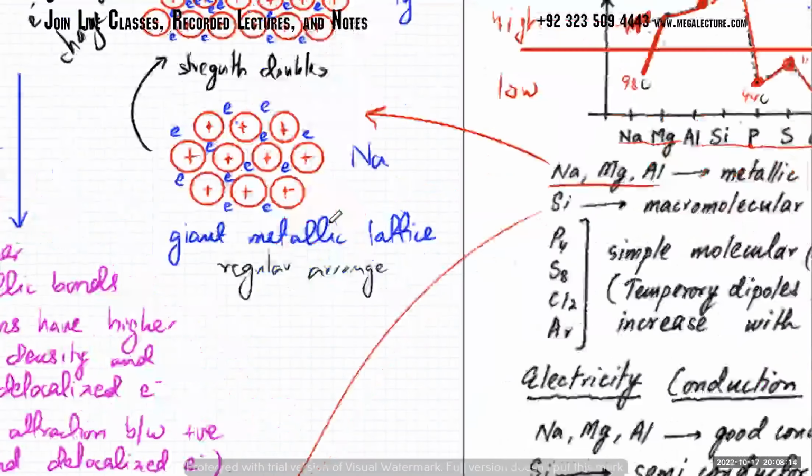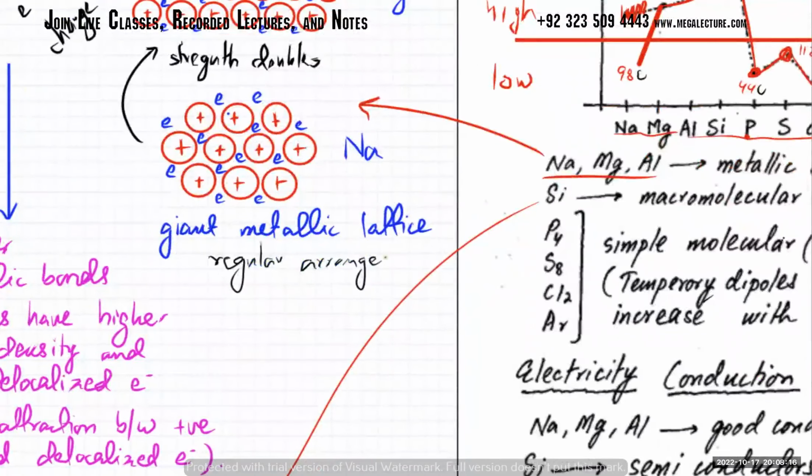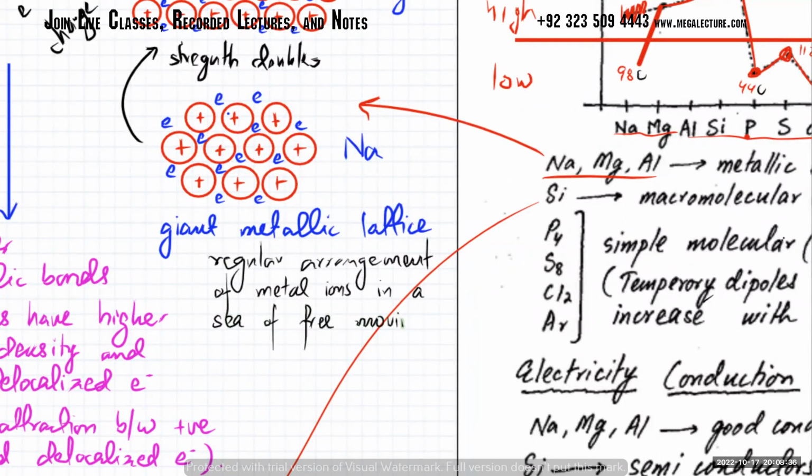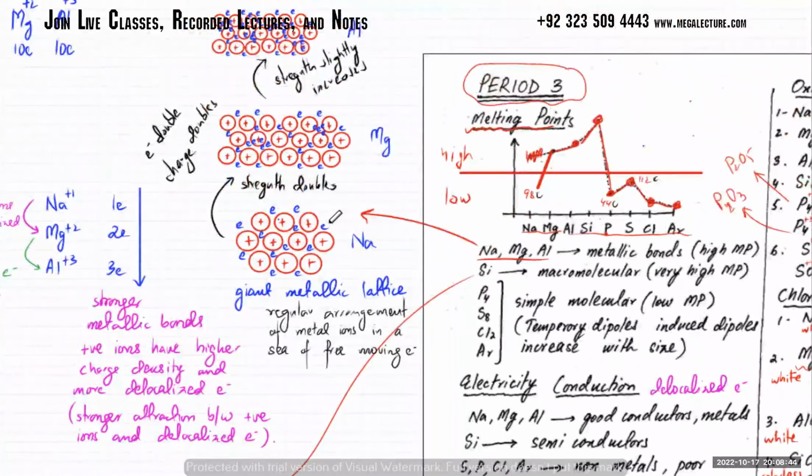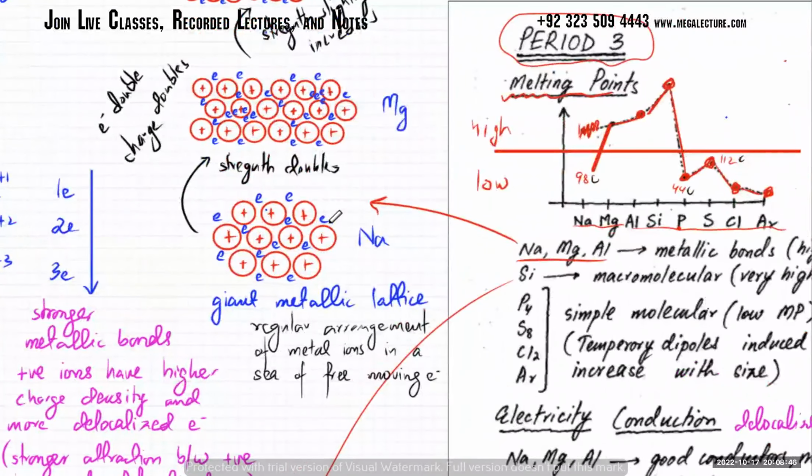So a regular arrangement of metal ions in a sea of free moving electrons, that's what a metallic lattice is. Okay, Unad, is this clear? Yes.